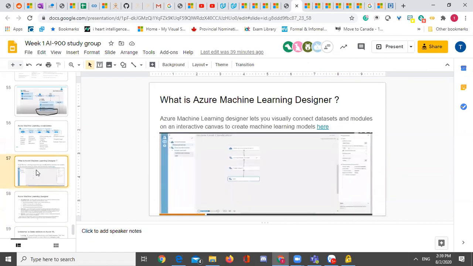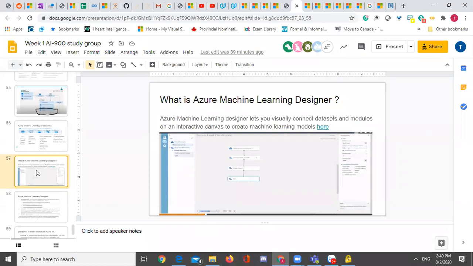Okay. Azure Machine Learning Designer, you need to know the interface, because in the questions there will be one where they will give you a screenshot like this, and they will ask you to match terms. For example, in which step you will split the data, in which step you will train.